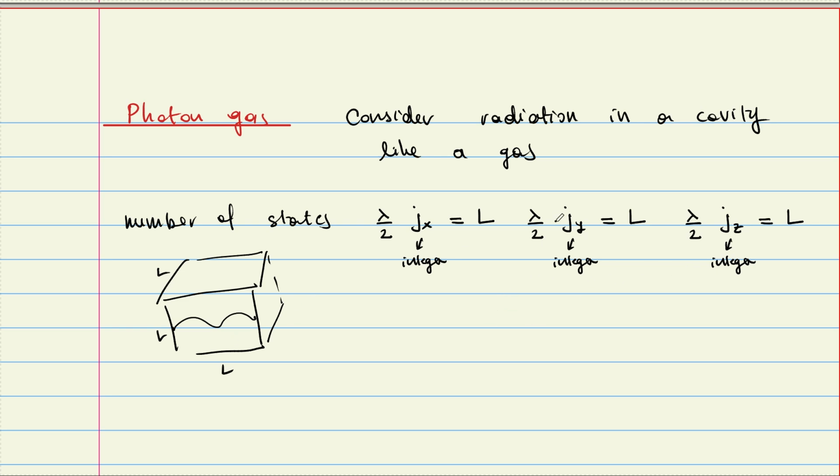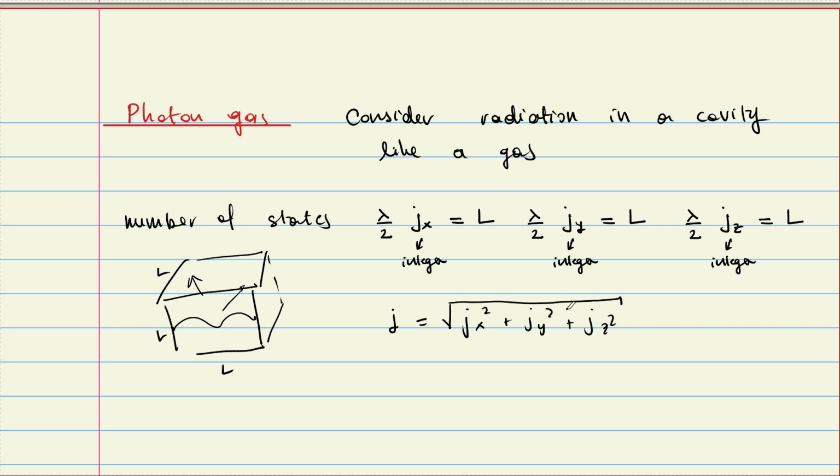But in the real world, we don't have a cube of cavity, right? We have some arbitrary shape, maybe more like a round shape. And for that, we can look in an arbitrary direction, and in that arbitrary direction, I have to fit the wave. Not only the shape changes, but also the direction I'm considering is going to change. And for that, I'm going to define a j, which is formed from jx squared plus jy squared plus jz squared, right?